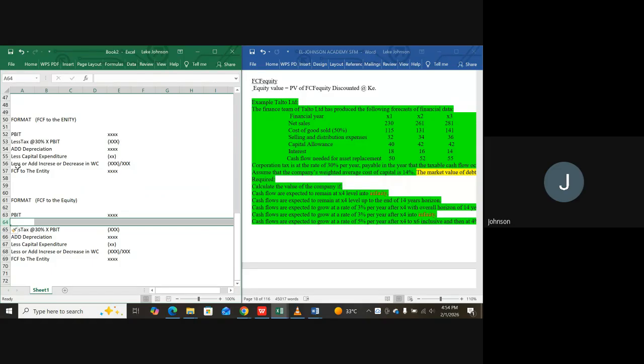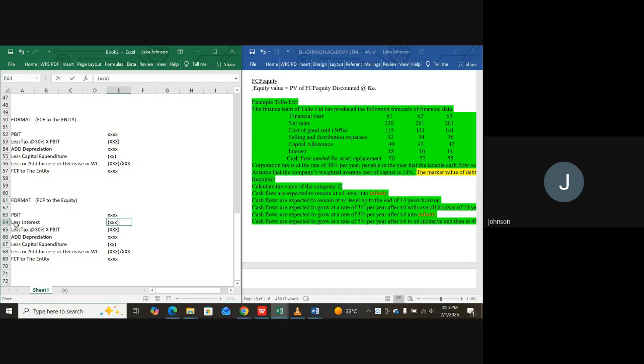Now in this scenario, there are three things you need to do. The first thing is that before you less your tax, less interest, because we want to settle the debt people first. So you less interest, put it in bracket, and then less it like this.